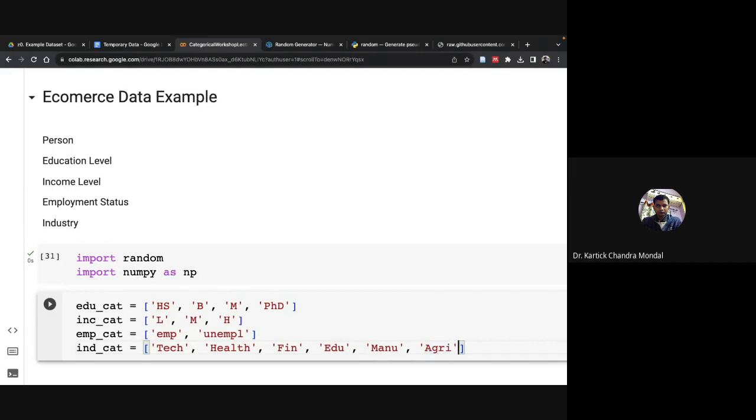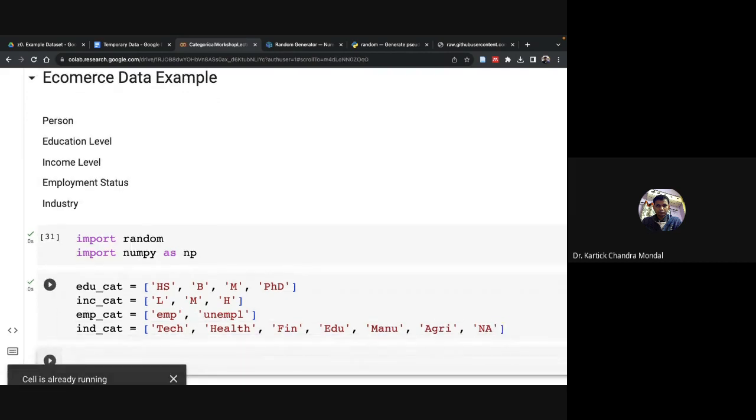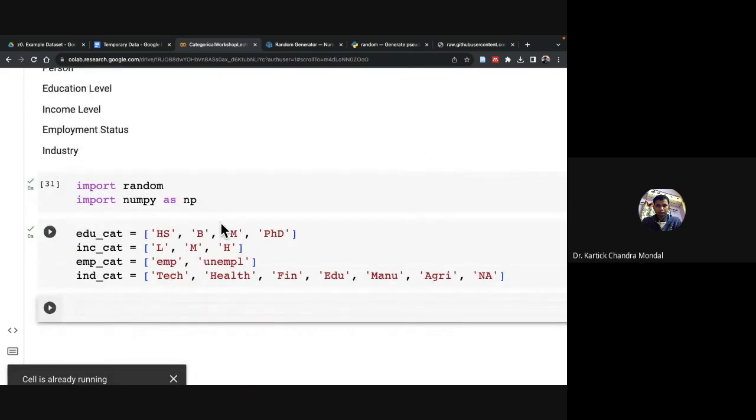Okay. And there is, say, for example, any. Now what we will do, we will use these categories for generating the data randomly.